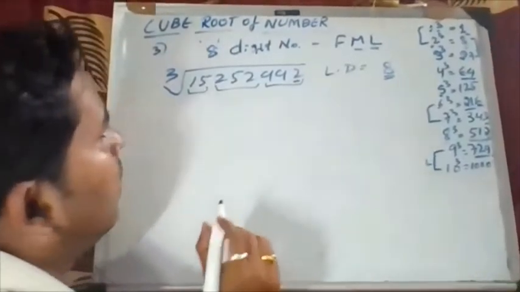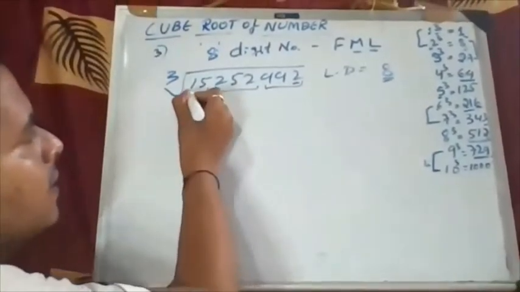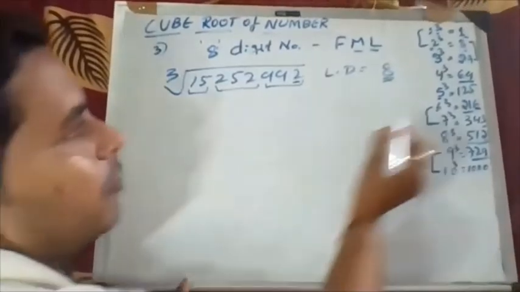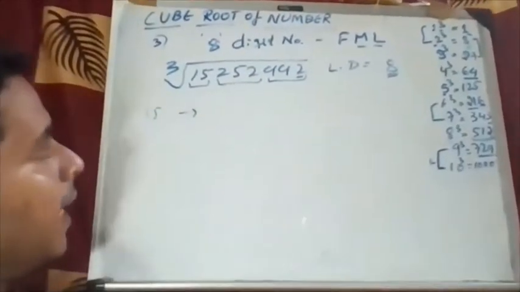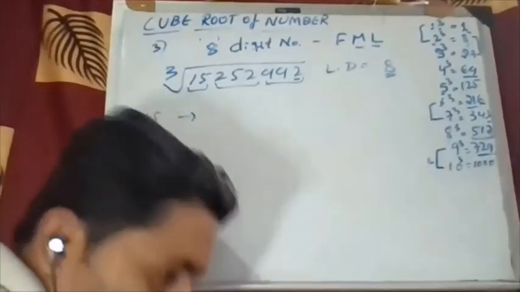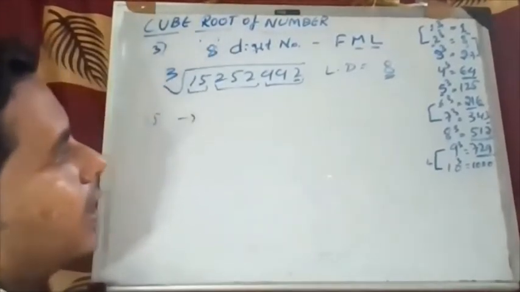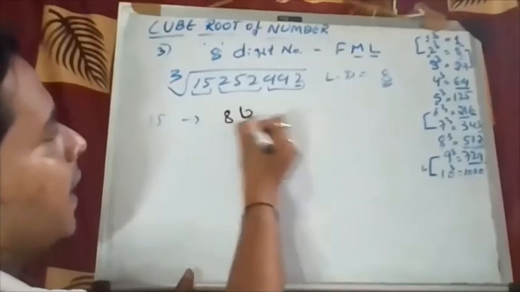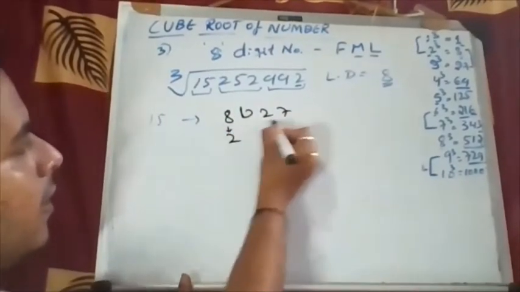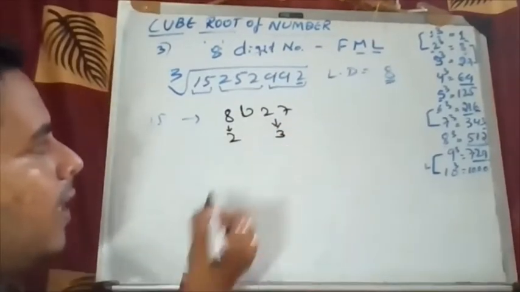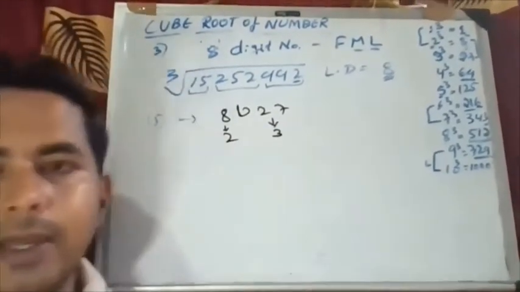Now what you have to do? Consider the first digit. So 15. 15 will lie between 8 and 27. 8 का value क्या आता है? 2 आता है and 27 का 3 आता है.